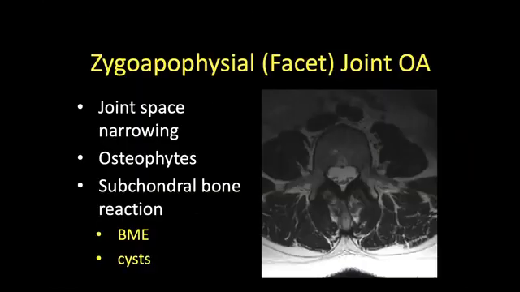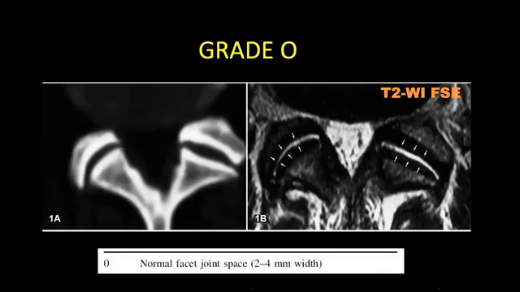The degenerative process of a facet joint is osteoarthritis, which by imaging is typically characterized by loss of articular cartilage, which can be seen as joint space narrowing, particularly in a loaded condition for that joint, osteophytosis, and a subchondral bone reaction, which on MRI will be bone marrow edema lesions and or cysts. Again, there's a grading system.